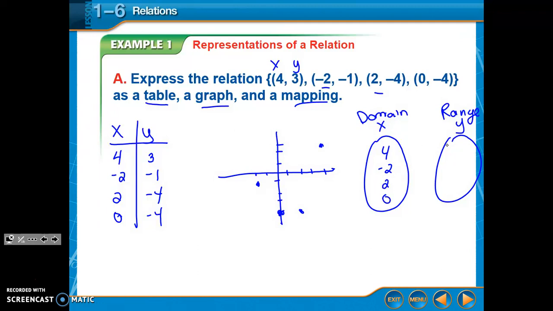For my y values, I have 3, -1, and -4. And then I draw arrows from the domain to the range. So 4 goes to 3. -2 goes to -1. 2 goes to -4. And 0 also goes to -4.